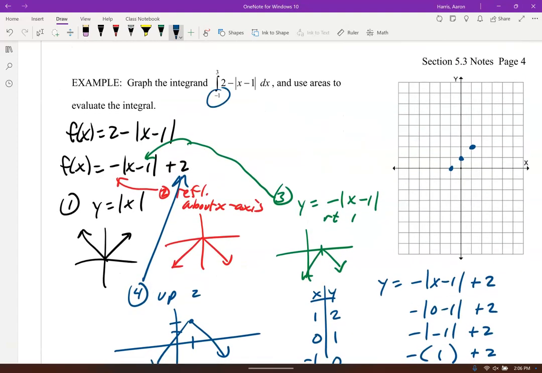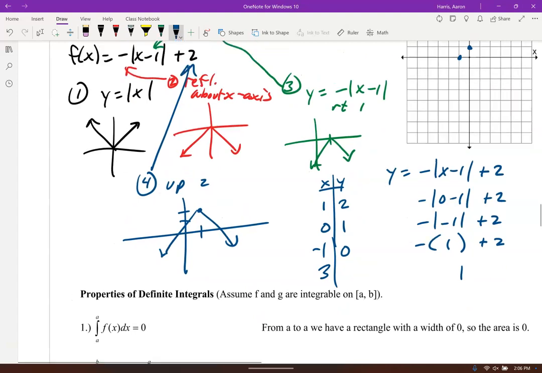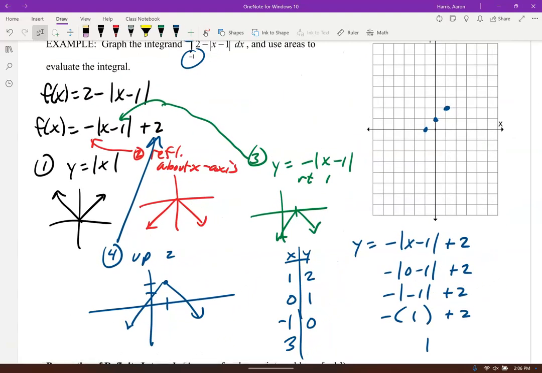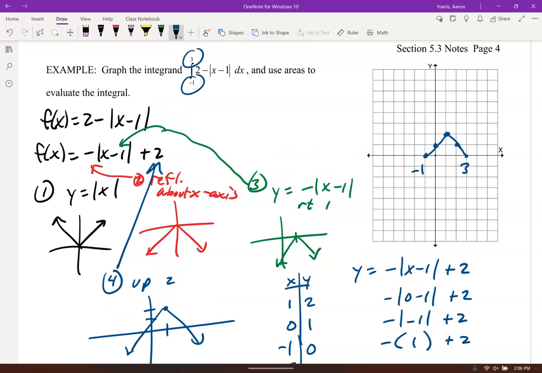But notice I'm going from -1 to 3. Let's go ahead and put 3 on here. And here's part of that absolute value function graph. Okay, so we're trying to find it from -1 to 3. This is the area under the curve. And so it looks like we have another triangle here.